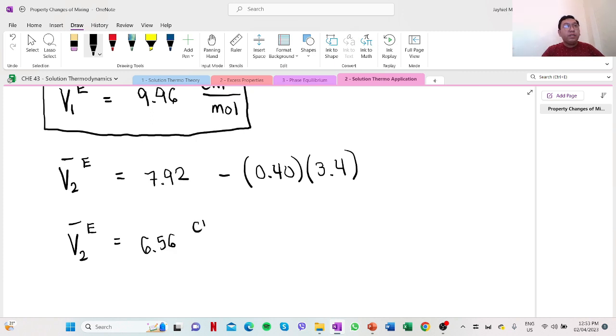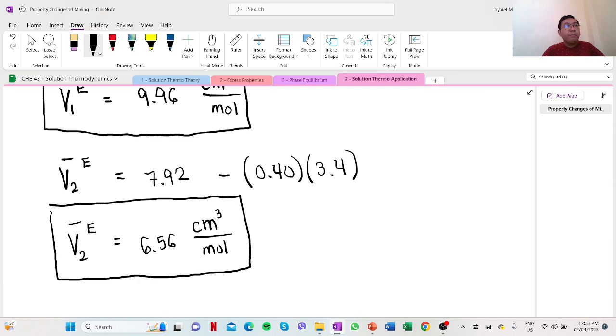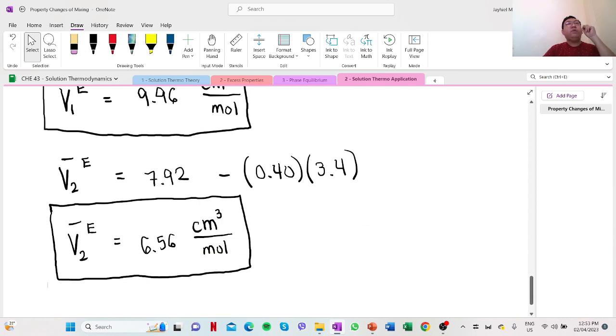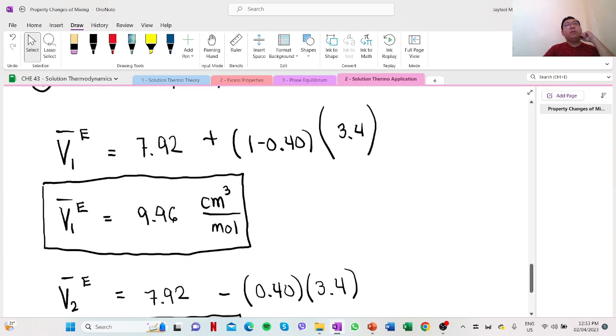So they have a positive value. So it contributed in the expansion. So both of them. Okay. All right, so those are the V1E and V2E for this word problem.